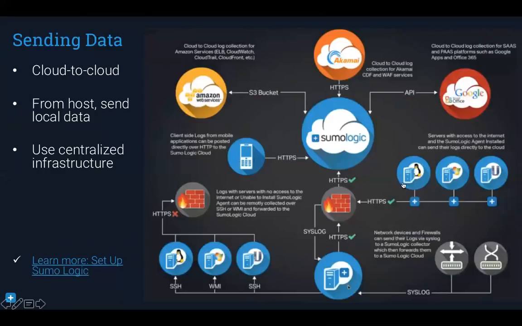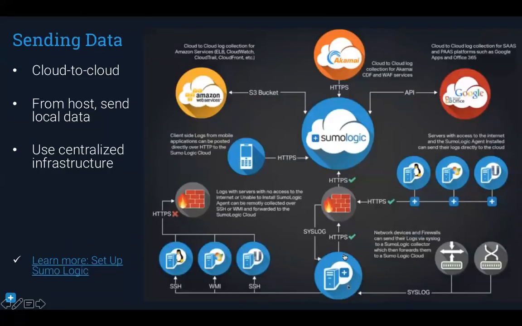The second way is to use a collector. So you could have a collector installed on your machines, as it's shown here. This little plus sign is a Sumo collector that is installed on each one of these machines. They collect your logs and send them over to Sumo. Or if you have a centralized infrastructure already, we can take advantage of that.